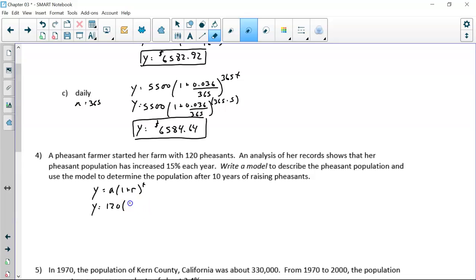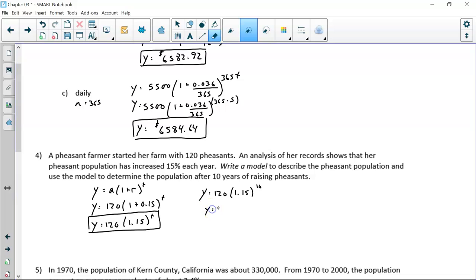That's the initial. 1 plus, now the rate, 15% or 0.15, to the T. 120 times 1.15 to the T. That's the model for any number of years. So if we look for 10 years, y equals 120 times 1.15 to the 10th.